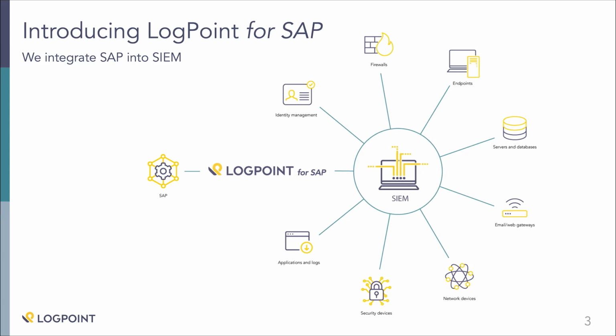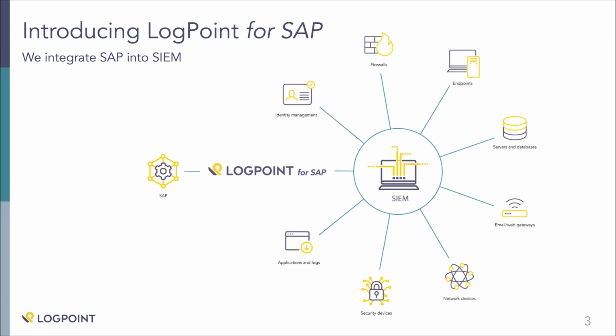We extract all kinds of security, audit, and compliance relevant information of an SAP system and send the data to the SIEM. In SIEM, we provide the SAP Security Intelligence, that is a set of rules that listens to the incoming SAP information and analyzes the data.